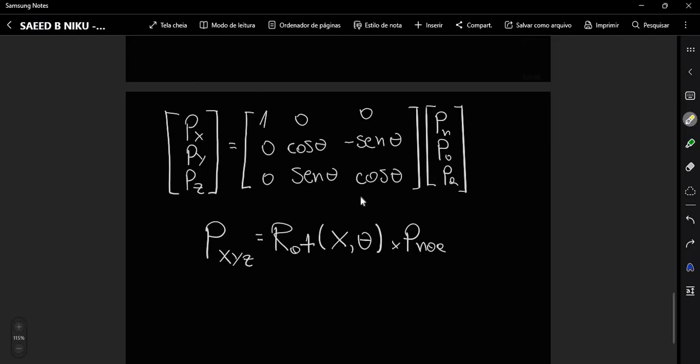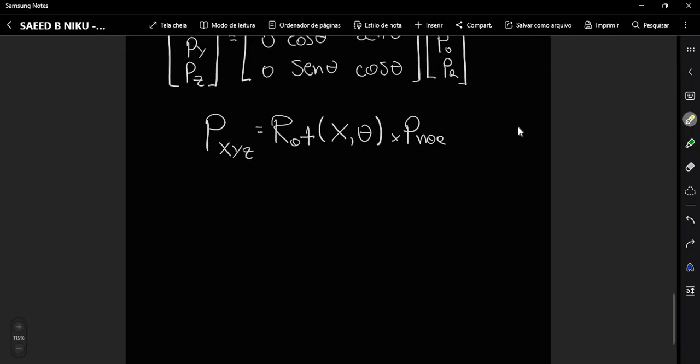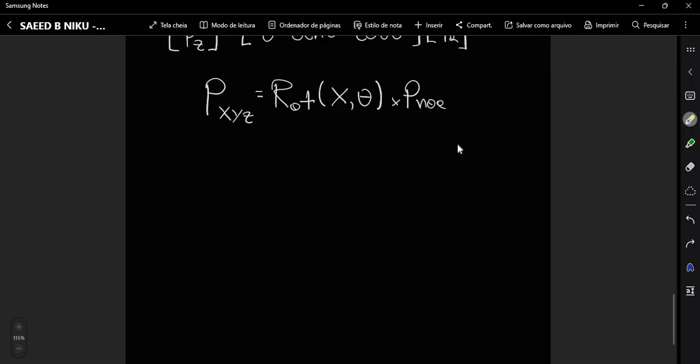Okay, so let's get started. Let me explain to you this matrix, and why these terms. So I'm gonna draw the XYZ coordinate system.